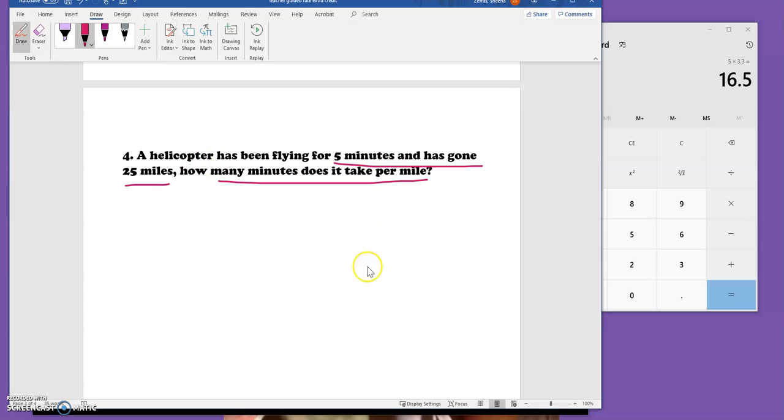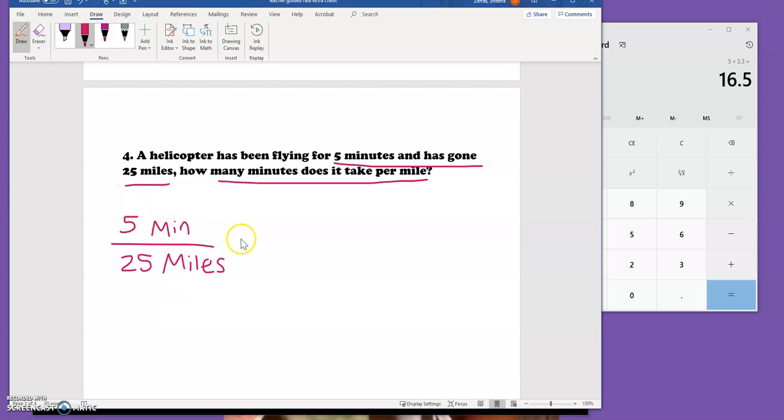So I'm going to organize my information this time into 2 fractions, and I'm going to start with the information I'm given together. So 5 minutes is given with 25 miles, and so I'll write it as a fraction like that.